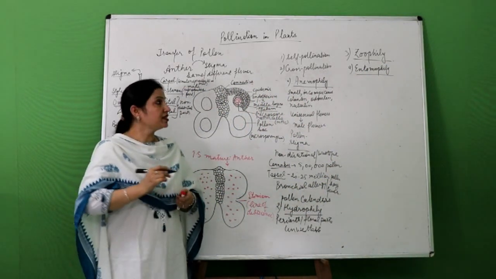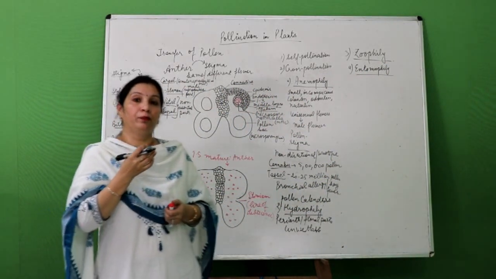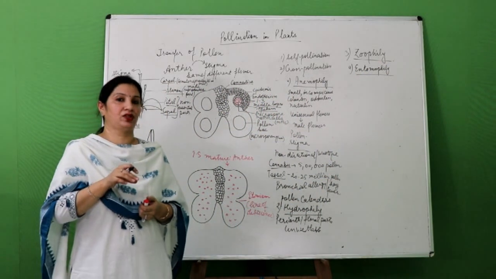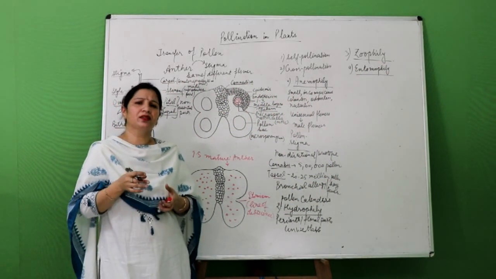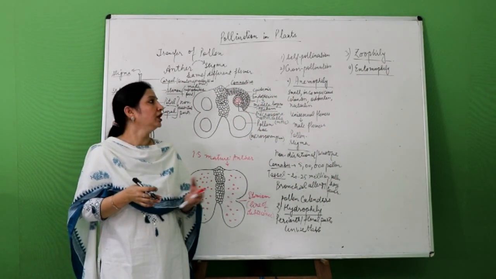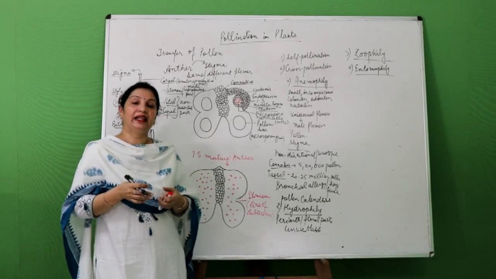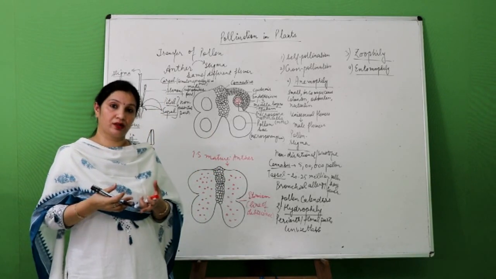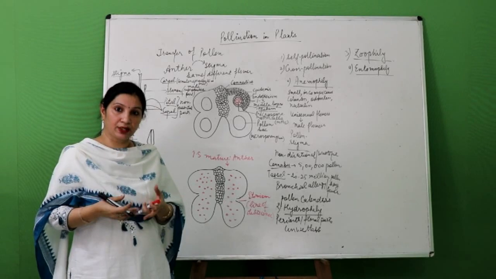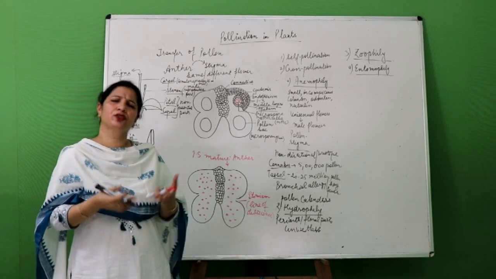What is this entomophily? It is the pollination with help of insects. And some common insects which carry out this cross-pollination, that is entomophily, are moths, butterflies, wasps, bees, beetles, and so on.